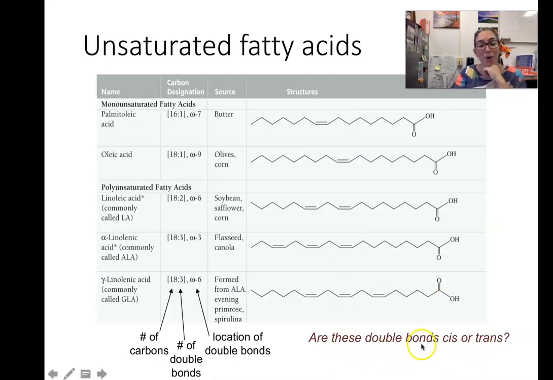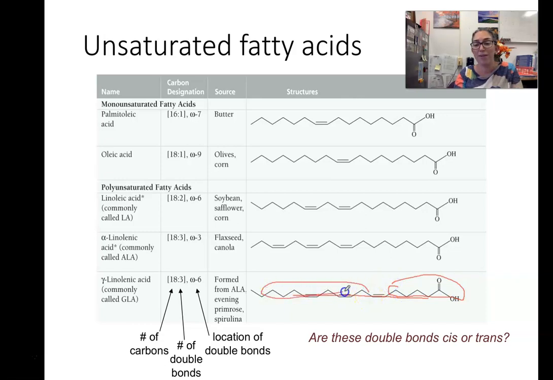I have a question on this slide that says, are these double bonds cis or trans? Remember, cis double bonds are where you have groups on the same side of the double bond, and trans is when they're on opposite sides. If we look at this last one down here, if I draw an imaginary line through these bonds, then anything like this is a group, and this is a group.